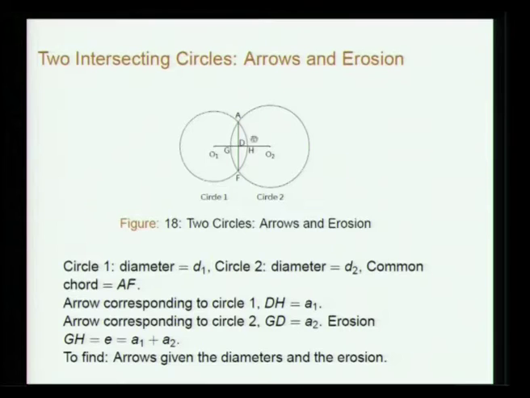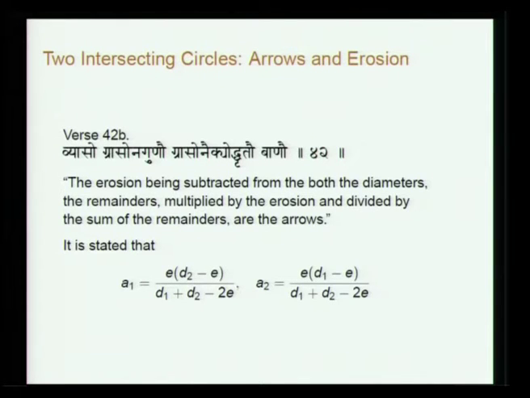Now, to find the arrows given the diameters and the erosion GH. The result for this is: Vyaso grasona gunau graso naikyo dhrutau bano.